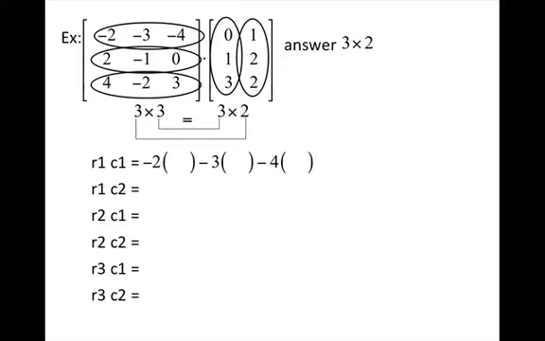So in the second matrix, my column contained a 0, 1, and a 3. Now for row 1, column 2, row 1 is still -2, -3, -4. Put a parenthesis after each one of those numbers. And this time I'm multiplying by column 2, so fill the parentheses in with the elements from column 2, which is 1, 2, and 2.